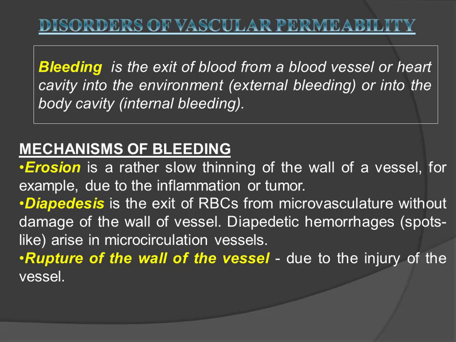External bleeding is into the environment; internal bleeding is into a body cavity or tissues, called extravasation. According to the etiopathogenetic classification, there are three main types of bleeding. Bleeding due to rupture of the vascular wall is caused by injury, necrosis of the vessels, inflammation, and others.